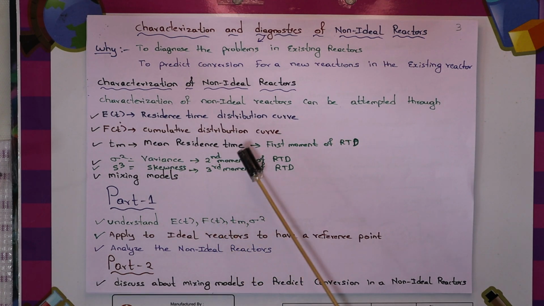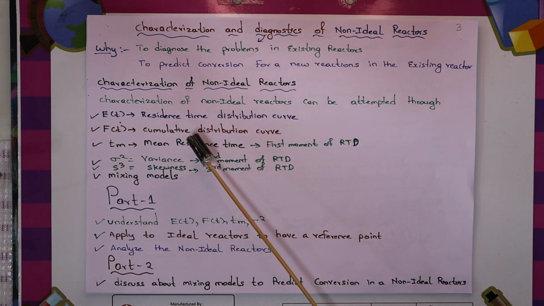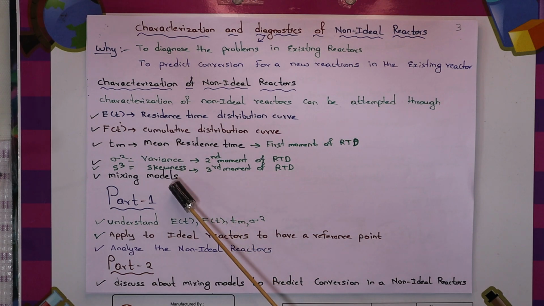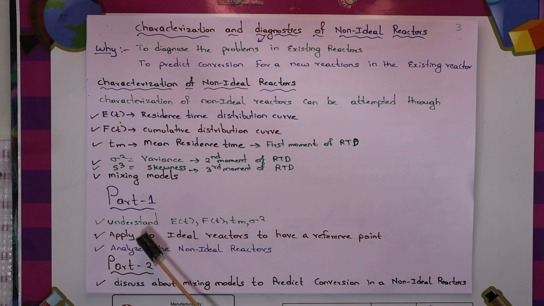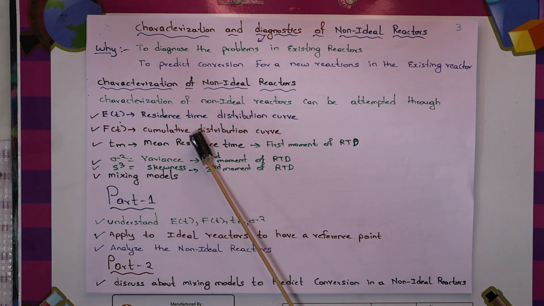That is why in the first part we are going to discuss the characteristics of reactors through RTD experiments using these parameters. With a few examples, let us see how we can calculate all these characteristics, and then apply them to ideal reactors, so that you have a reference point.